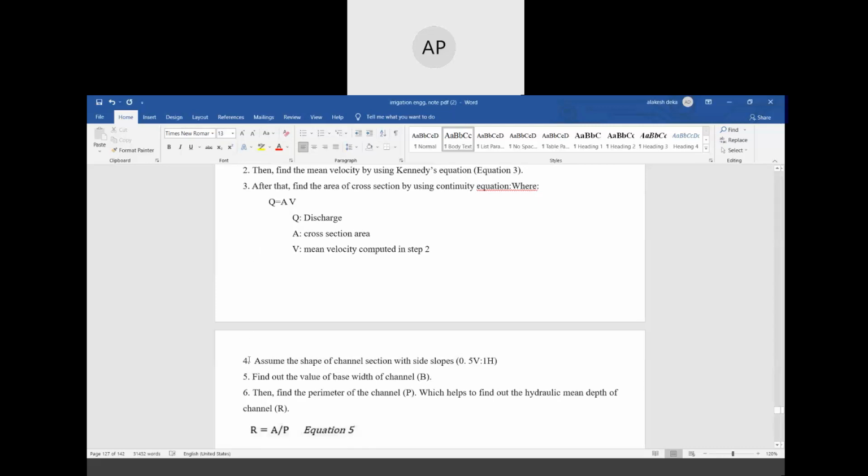Number 4, assume the shape of the channel with side slopes of half horizontal to 1 vertical. Find out the value of the base width of the channel.